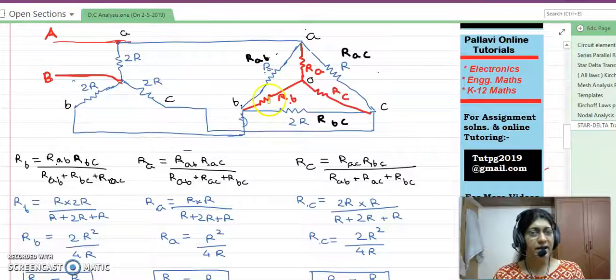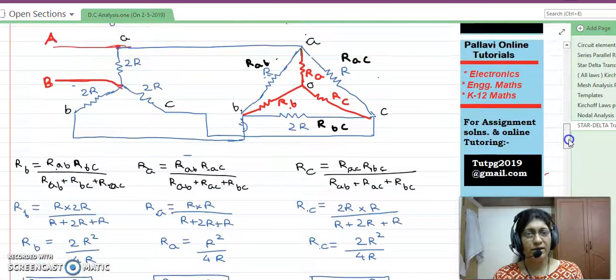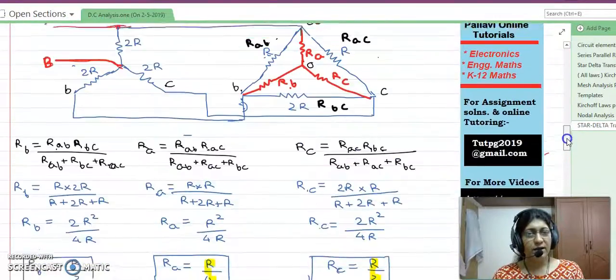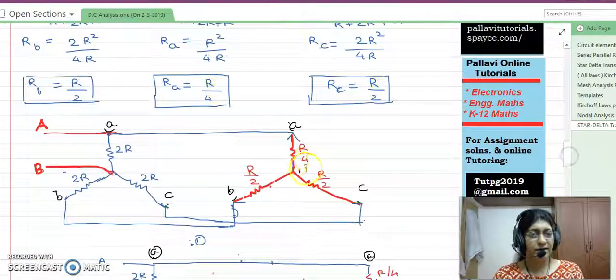Now after this I get a plain delta which I am supposed to convert into star. Applying our usual formulas which I just explained earlier, I get the following values of resistors. I get RB as R by 2, RA as R by 4, and RC as R by 2.